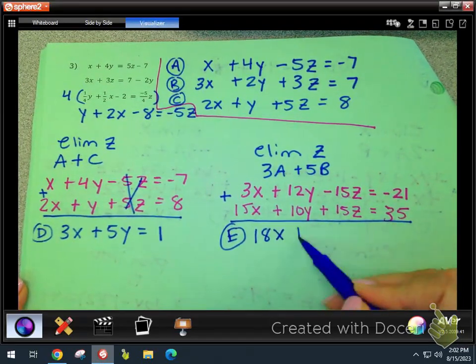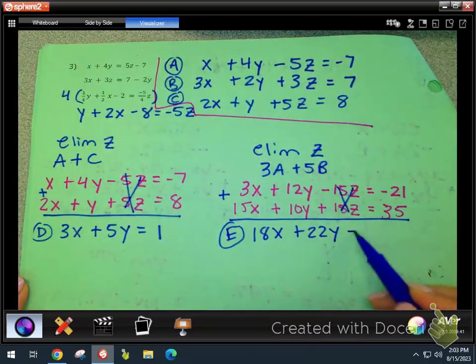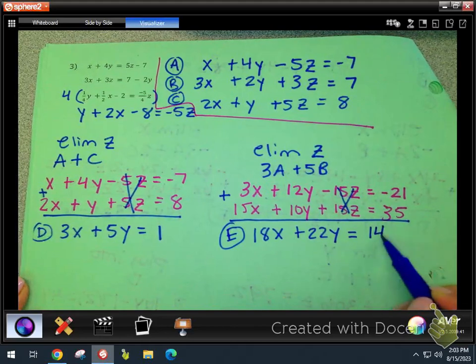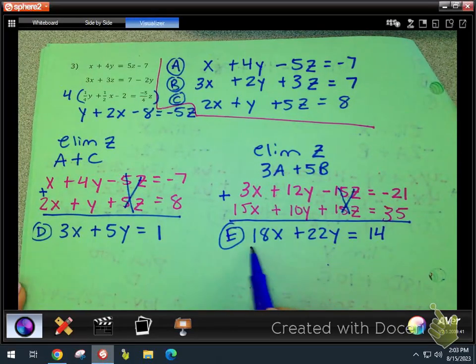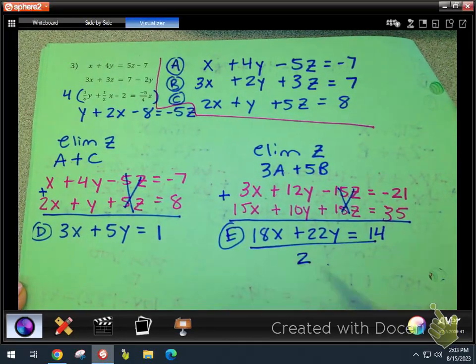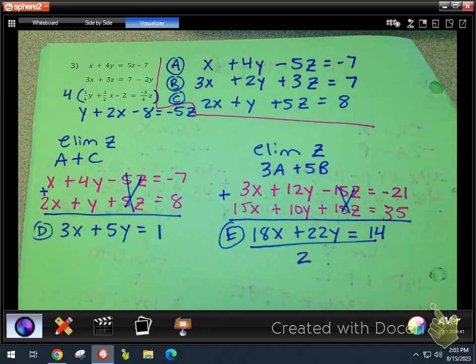18x, 22y, 14. 18, 22, 14. They're all even. Divide the whole thing by 2. As long as I would not do anything that gives fractions.